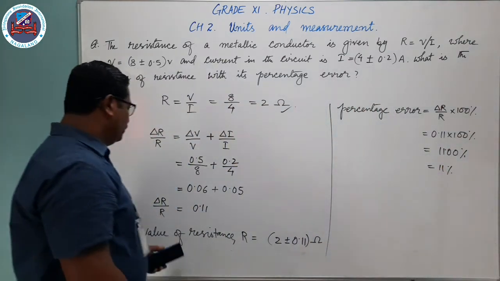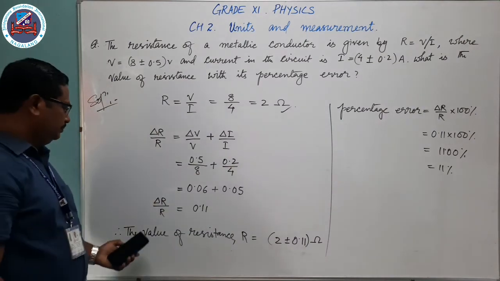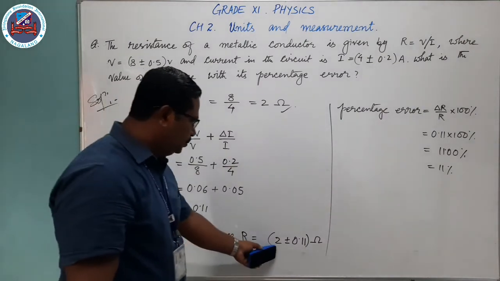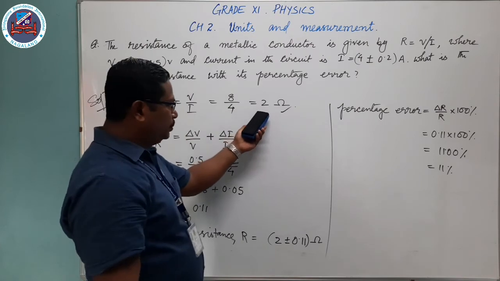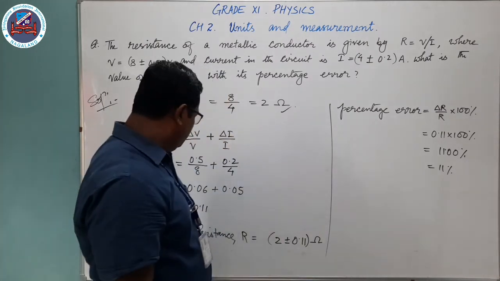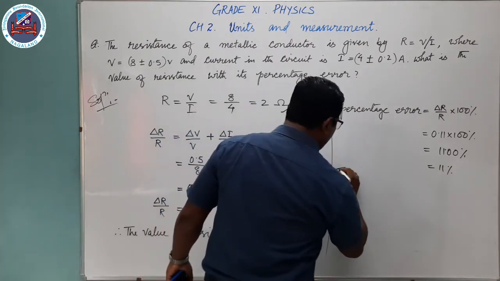So in terms of percentage error, the value of resistance will be 2, this is the true value, plus or minus 11%.